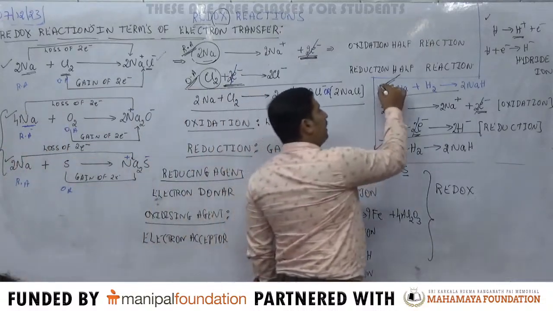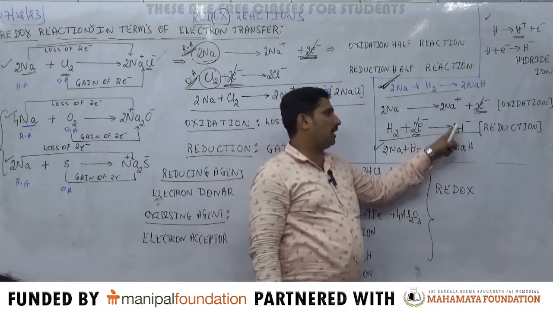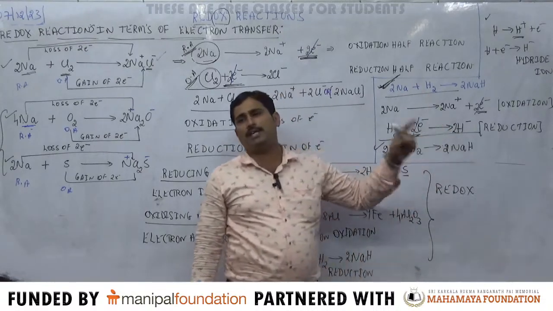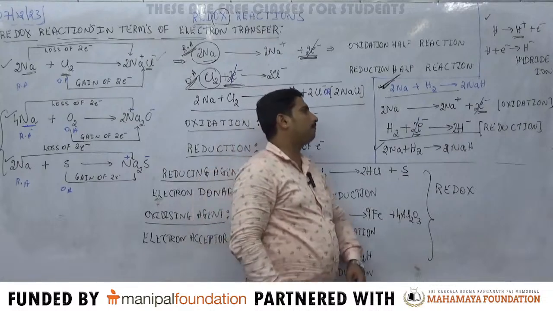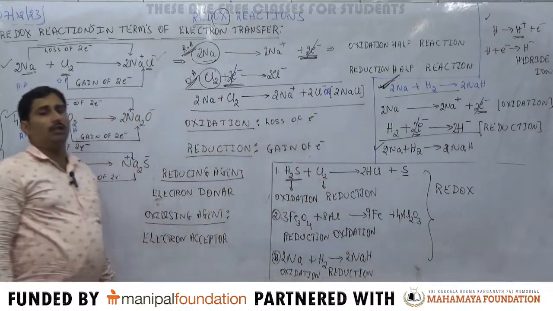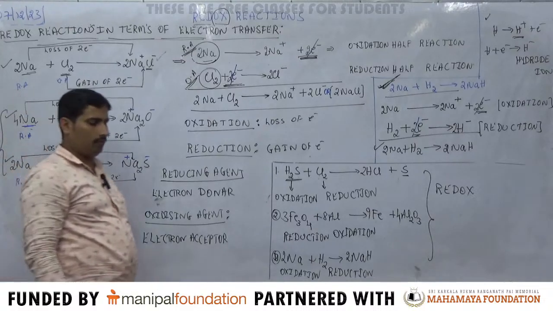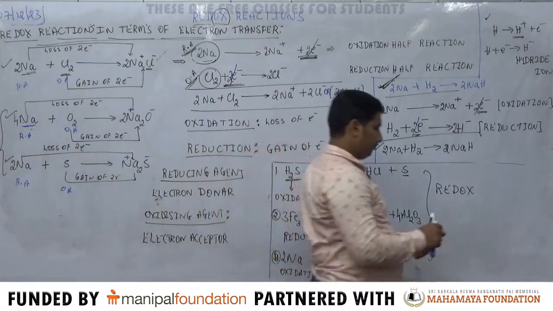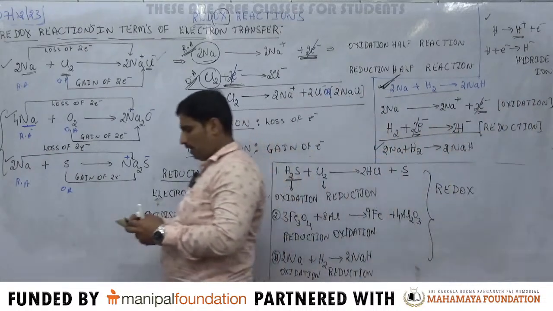Therefore this reaction is a redox reaction because there is an oxidation and a reduction which take place simultaneously. So you just write one sentence: The reaction consists of an oxidation and a reduction.